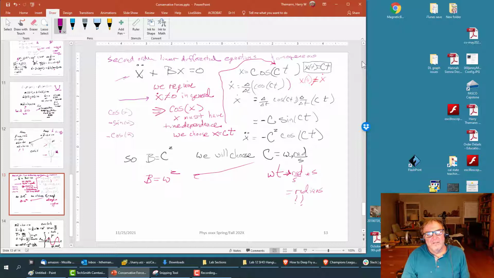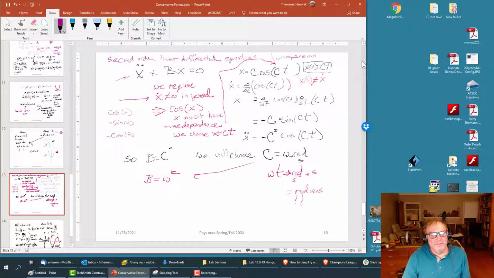This one is pretty easy, it's just c. The change of cos as a function of time is negative sine, as we showed before. And then if we hit it again with the same chain rule, we get negative c squared times cos. That's great. Nice. So one thing we notice is that the b we slapped on up here is equal to c squared.